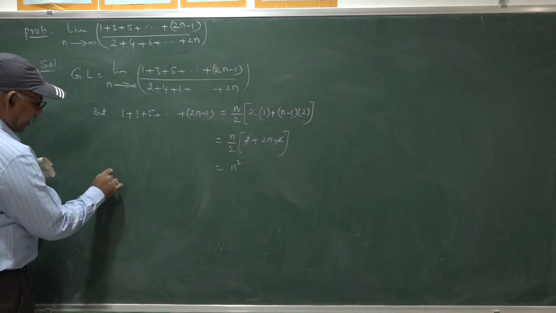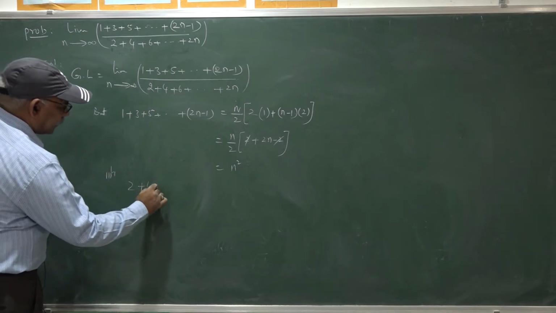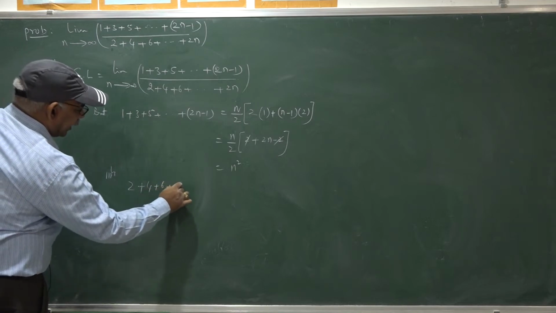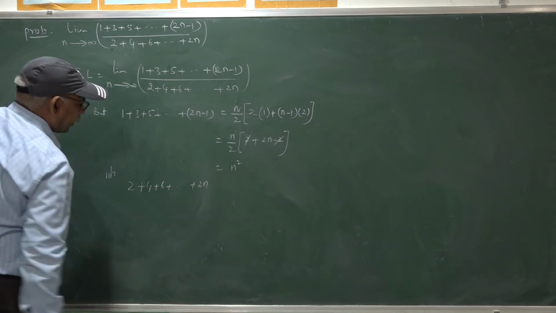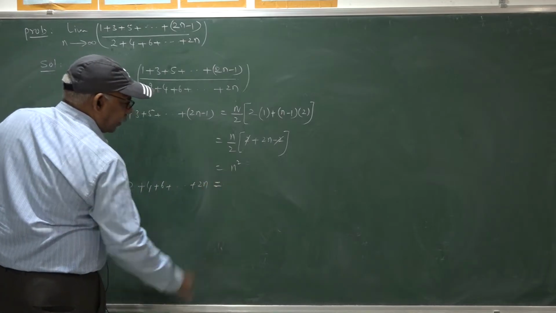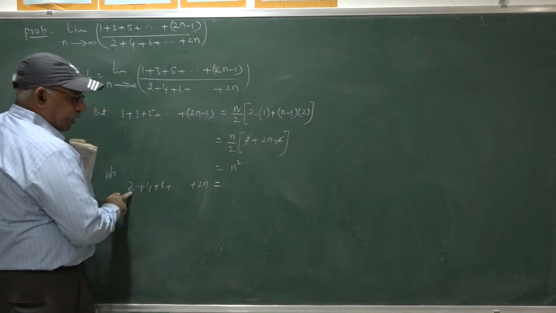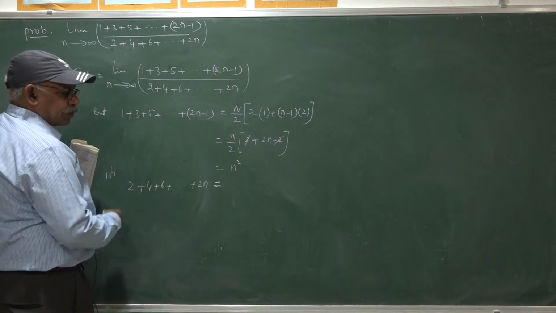Similarly, taking 2 plus 4 plus 6 and so on to 2n, these are also in AP. By the sum of n terms of AP formula, here A is 2 and the common difference D is 2.